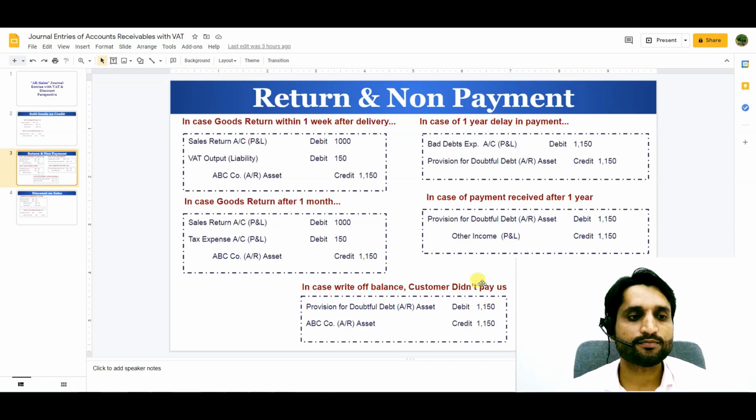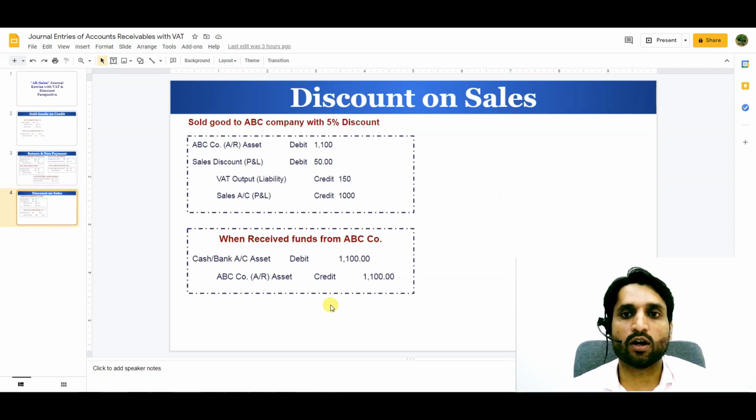Now let's see the discount on sales. Sold goods to ABC company with 5% discount. When we are making the invoice to ABC company, like sales of 1000, we are calculating value added tax on this amount 1000, which is 15%, 150, and we need to calculate the sales discount on this value also, 1000.